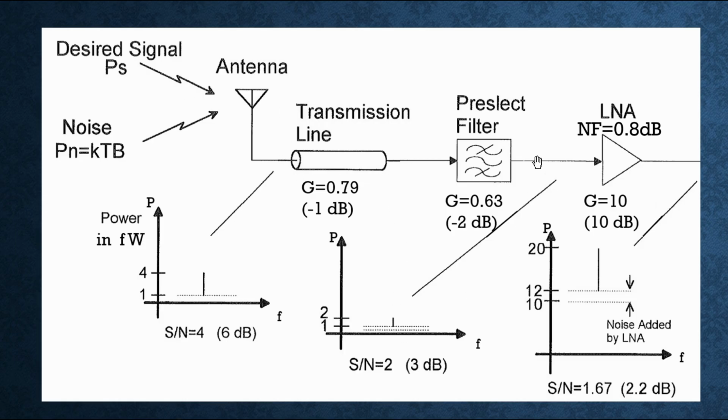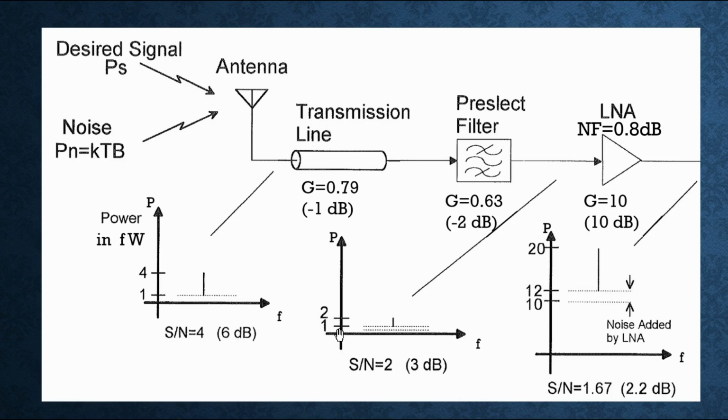Now, if you stand here and you look back, you end up using the same equation, KTB, at this point, looking backward. And so even though the 1 femtowatt got smashed to half a femtowatt, the extra resistive losses added noise, and the net result is we still have 1 femtowatt.